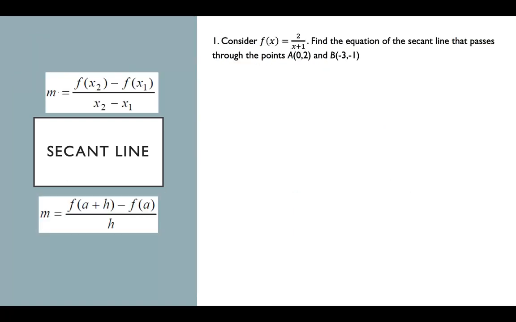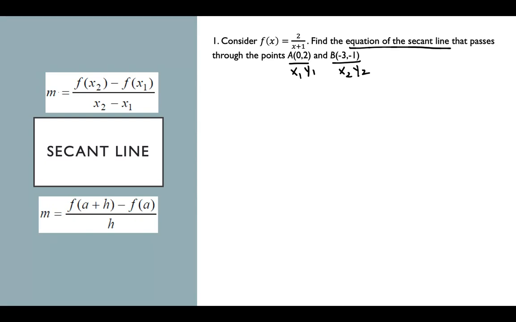So consider f of x equals 2 over x plus 1. So it's a reciprocal function. Find the equation of the secant line that passes through 2 points. I'm going to label this x1, y1, and this x2, y2.